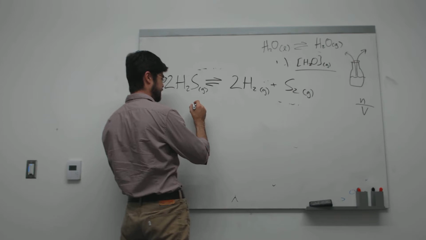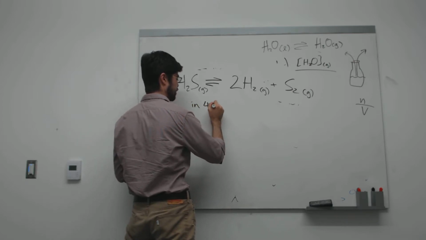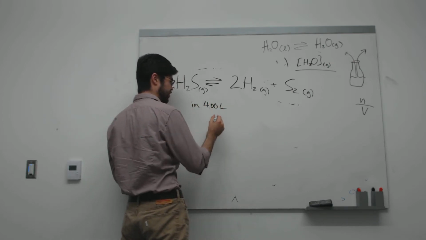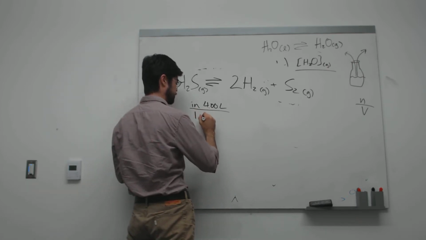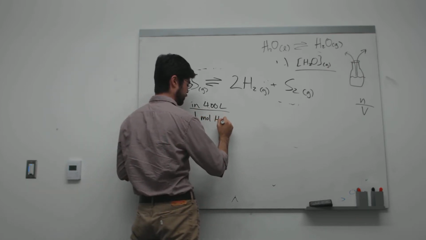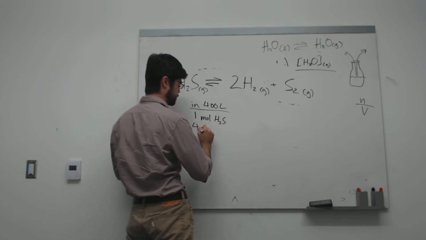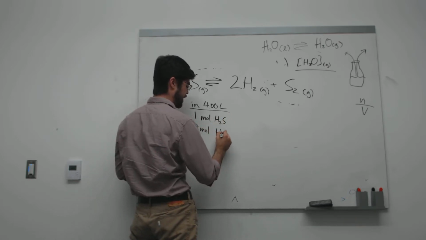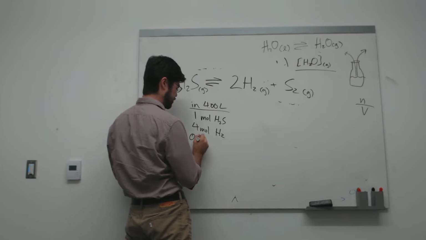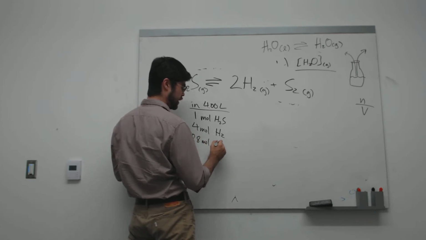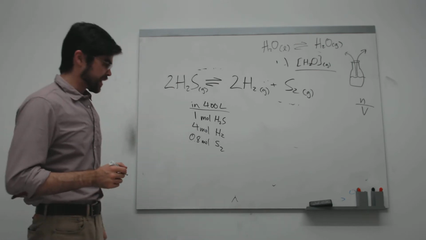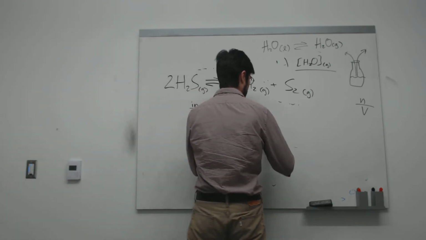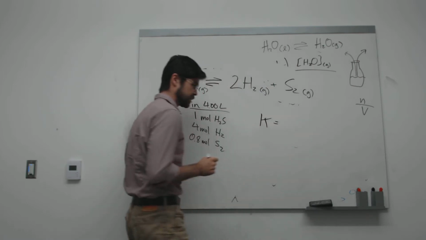And I said that in a 4-liter container, there's 1 mole of hydrogen sulfide, 4 moles of hydrogen gas, and 0.8 moles of disulfur. And then I asked, what is the value of the equilibrium constant?